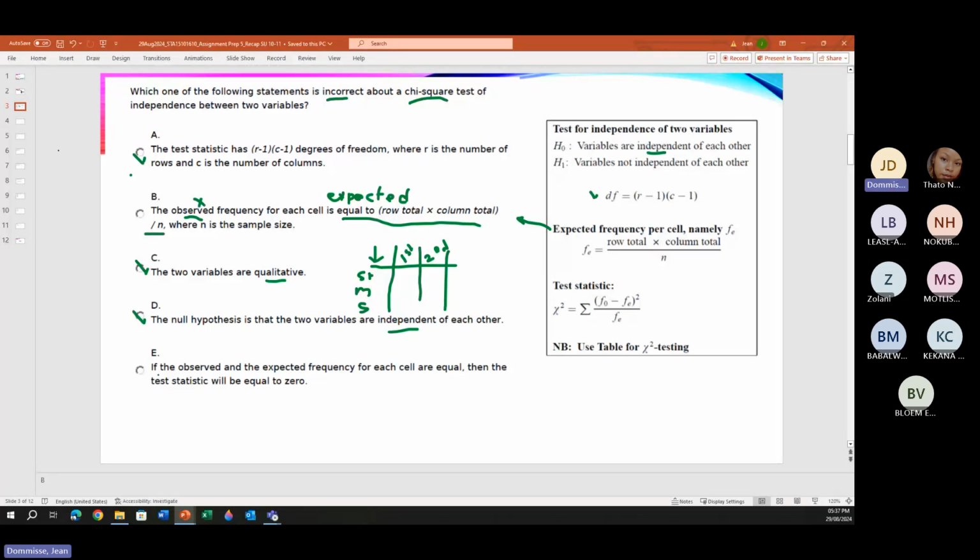Then the last one: if the observed and the expected frequency for each cell are equal, then the test statistic will be equal to 0. That is also true.